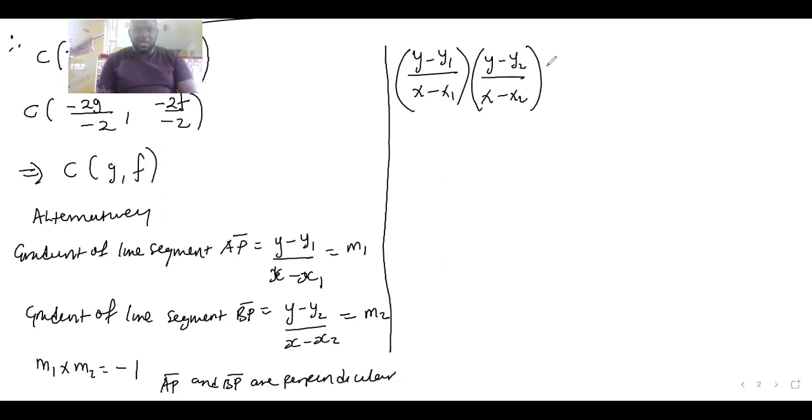When you multiply them together, you must get -1. With this, you have (y minus y1) times (y minus y2) giving us negative of (x minus x1) times (x minus x2).